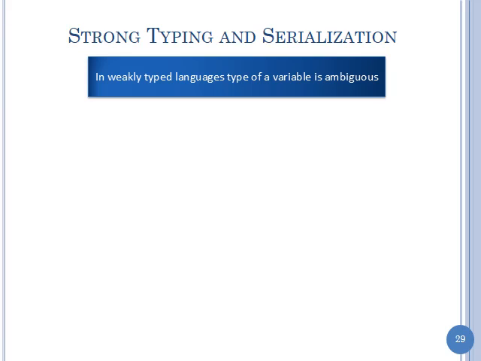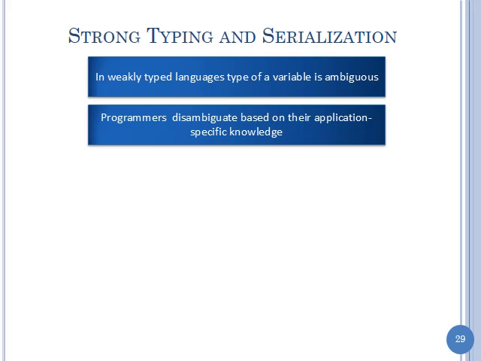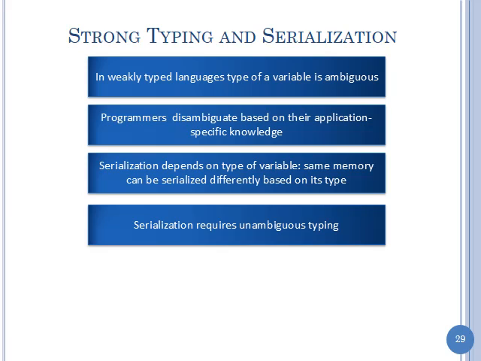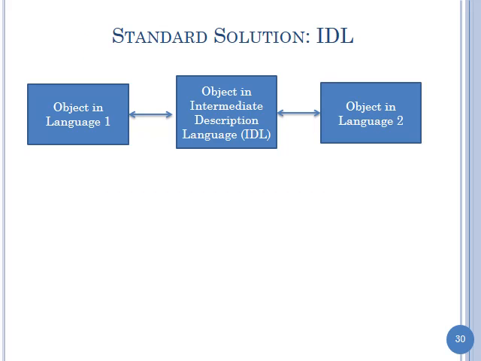Then we talk about weakly typed languages, where the type of the variable is ambiguous. Programmers disambiguate based on application-specific knowledge in a program. But what happens with the serializer? So give up on C, and the standard solution is to use an IDL.